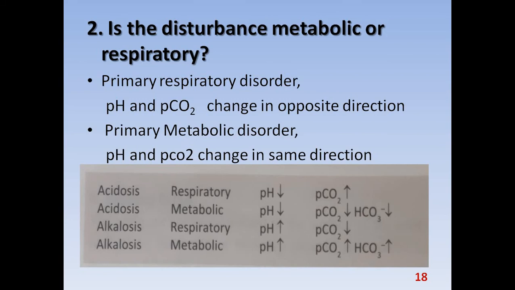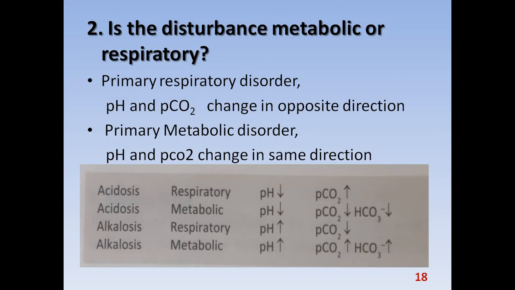But in case of primary metabolic disorder, the pH and partial pressure of carbon dioxide (PCO2) change in the same direction. So this is the thing you have to remember.